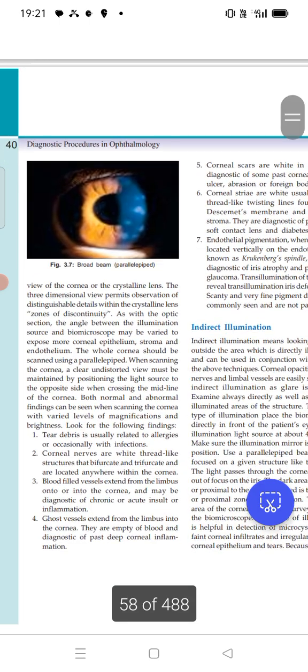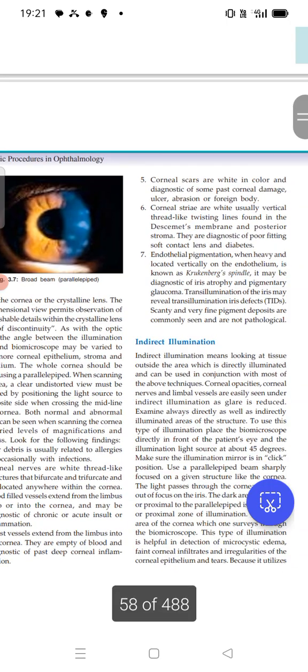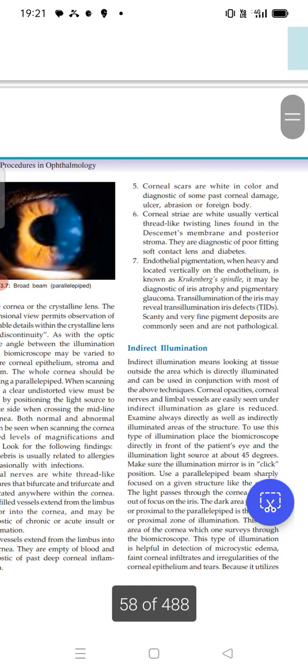So what are the findings? In the case of the parallelopiped beam, we can see the tear debris. We can see the corneal nerves, blood-filled vessels, and ghost vessels if present. If there is a corneal scar, we can see it. Corneal striae is visible.